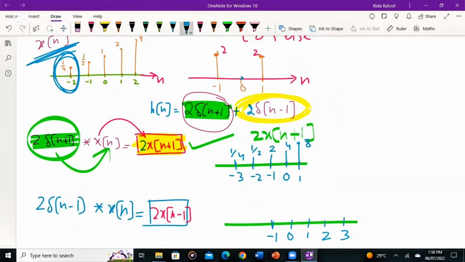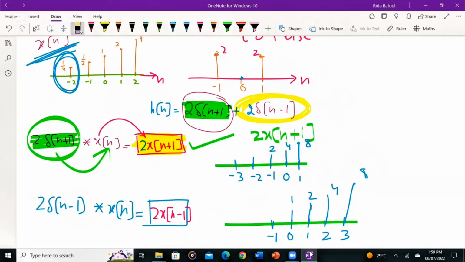And you have to scale it as well. Multiply x of n by 2. So here you will get 8, 4, 2, 1. No, not 1. 1 by 2 into 2. Oh, we made a mistake.